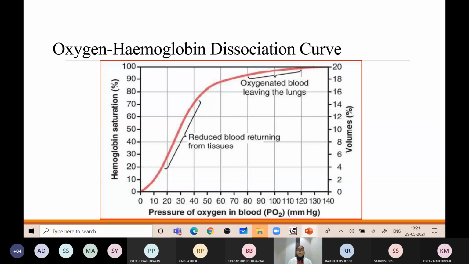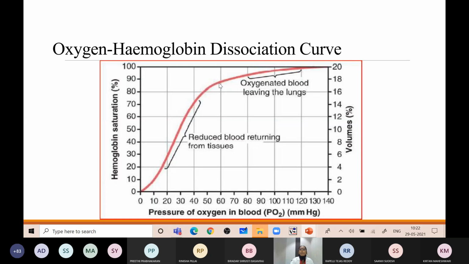So here we have two parts of the curve. Okay. The first part is the steep part. With very little change in the partial pressure of oxygen, there is an enormous change in the oxygen saturation. This is called the steep phase of the oxyhemoglobin curve.